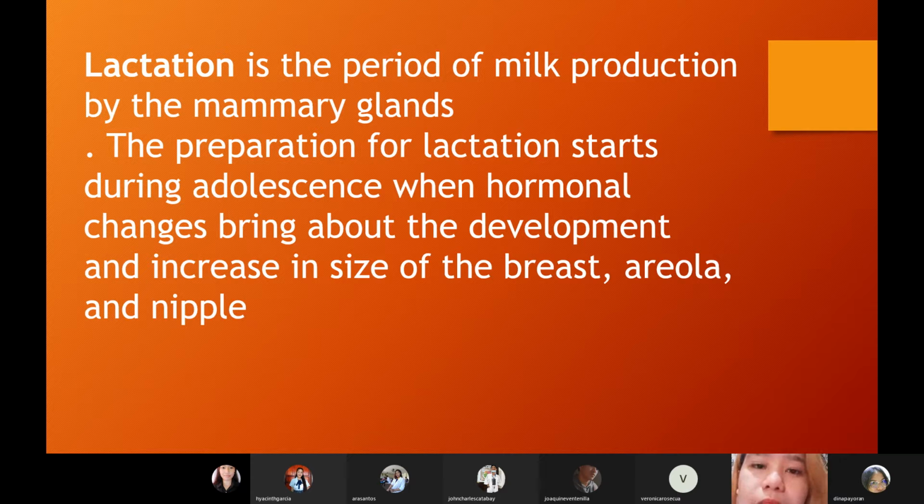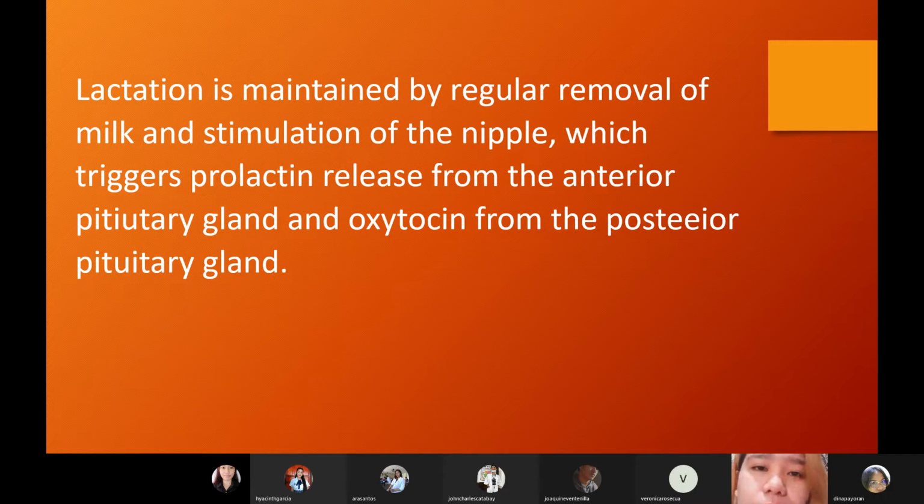Her breast may be bigger, and the areola and nipple will begin to increase in size. Lactation is maintained by regular removal of milk and stimulation of the nipple, which triggers prolactin release from the anterior pituitary gland and oxytocin from the posterior pituitary gland.